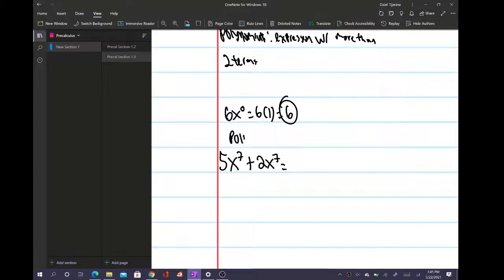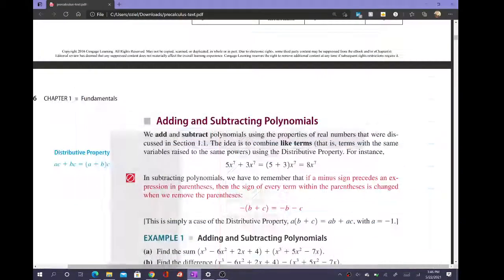We can say that this is a binomial of degree 7, it's a binomial because it has two terms. So anytime you have the same degree and the same variable, you just add them. 5x to the 7th plus 2x to the 7th is 7x to the 7th, right? That's what that's saying.